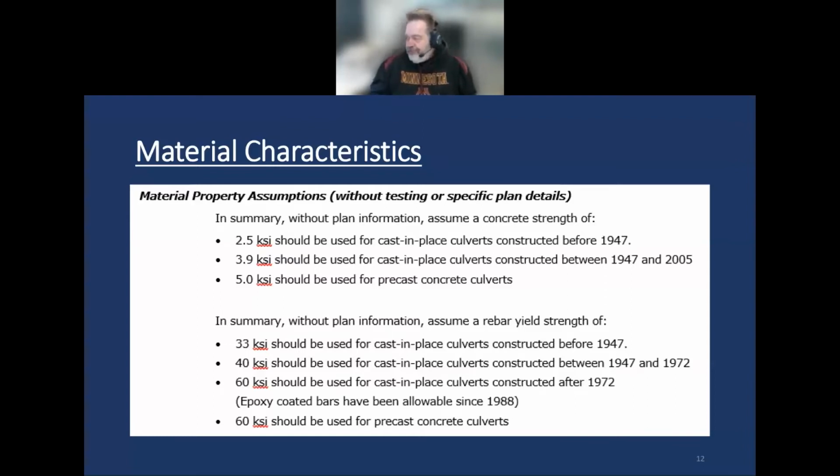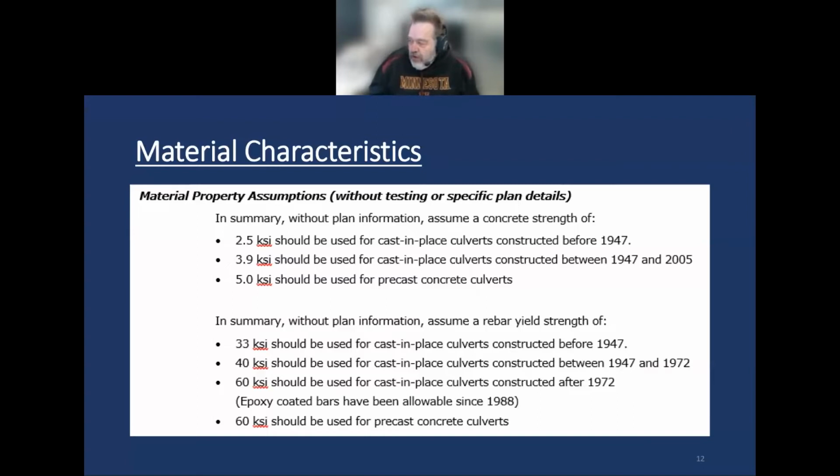If your culvert was constructed before 1947, you should use an f'c for your concrete of 2.5 KSI, which is the default value in the MBE. If your culvert was constructed between 1947 and 2005, you should use 3.9 KSI, and 5 KSI if you don't have specific information on the project for the precast culverts.